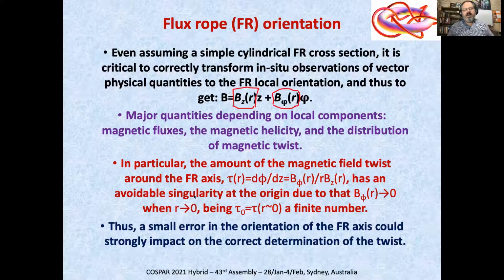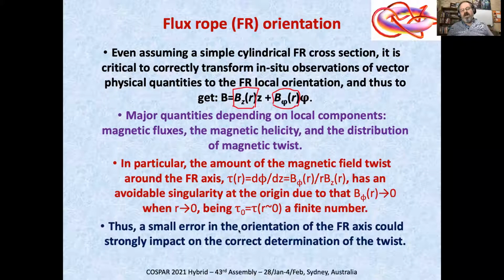So it has an avoidable singularity at the origin. Due to that, B phi also tends to 0. And if it is a linear trend of B phi to 0, as expected from most of the models, the singularity can be avoided, getting the twist at the origin as a non-infinite number.